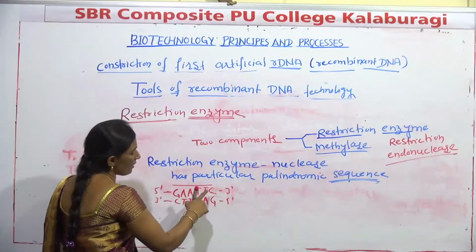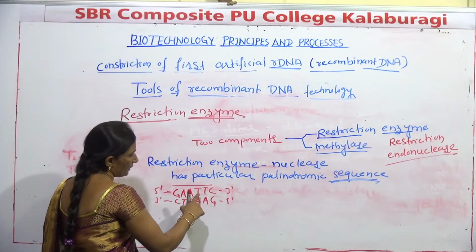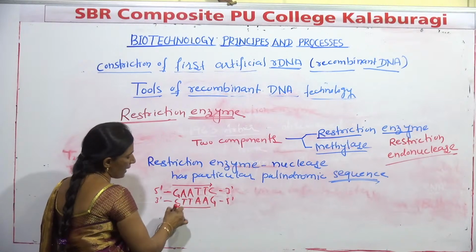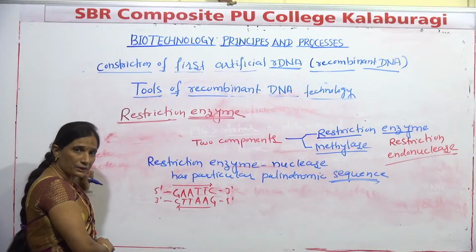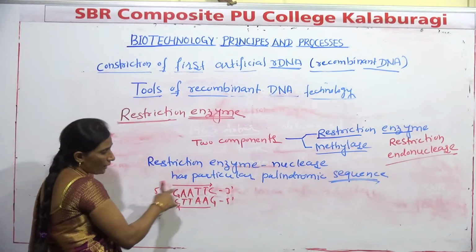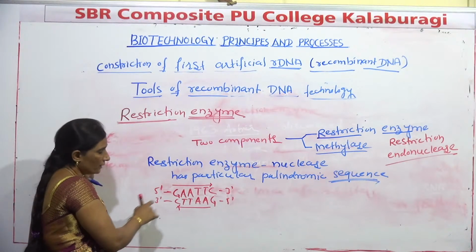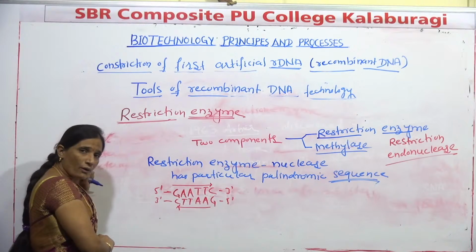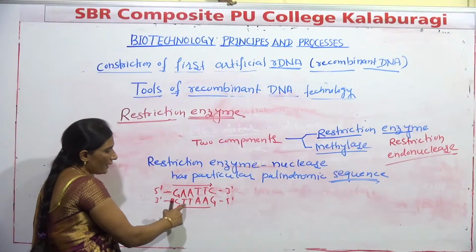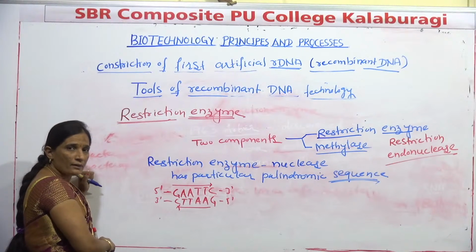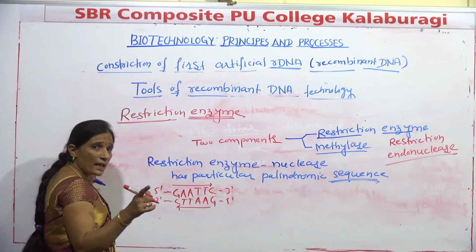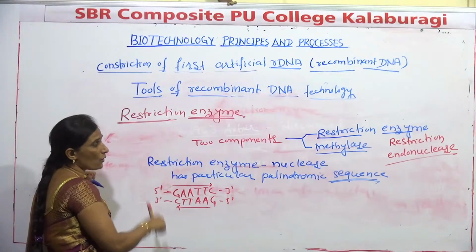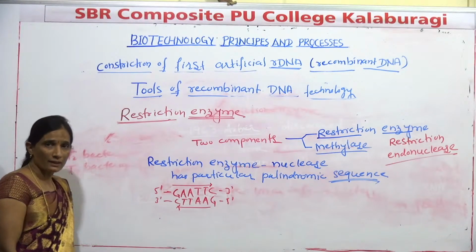So it is a DNA sequence which is the same when you read in both the forward as well as the backward direction. Forward we read GAATTC. Backward, how do we read? GAATTC. The sequence of DNA is the same when you read in both directions. That is called the palindromic sequence.